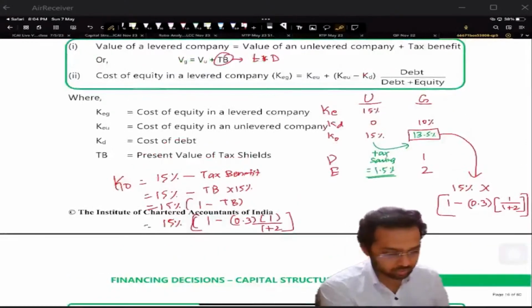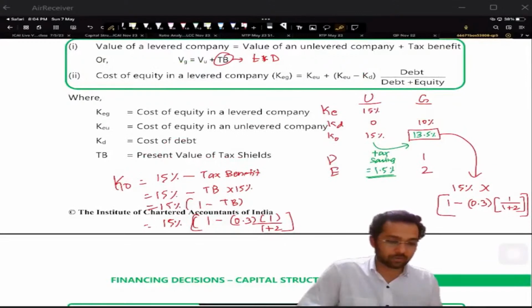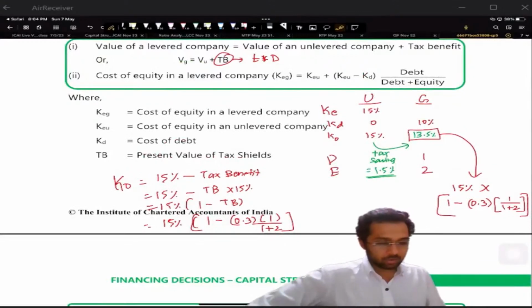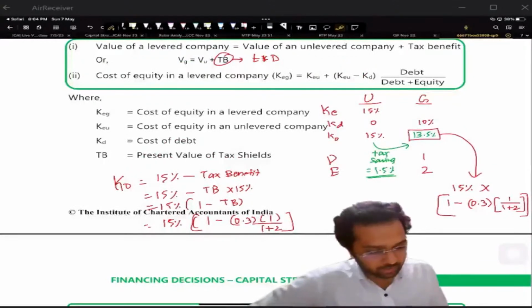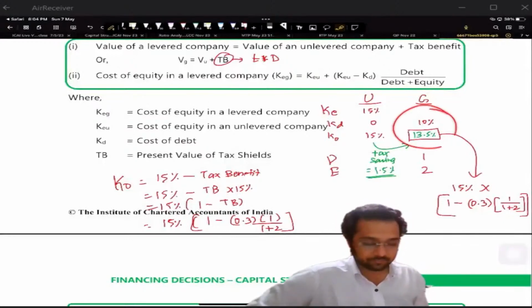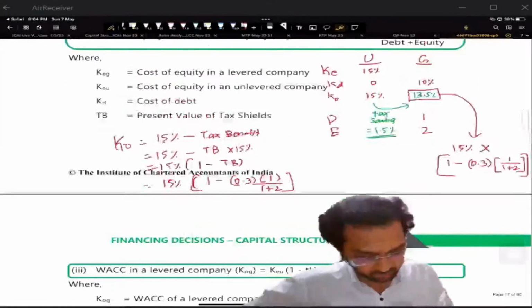Now coming to K, the cost of equity. This cost of equity is automatically a derived product of this, so it's just a derivation of it.